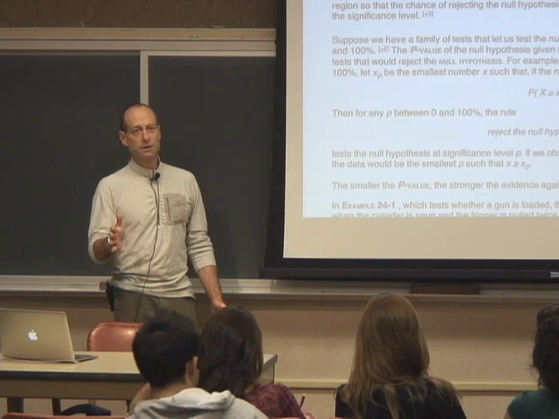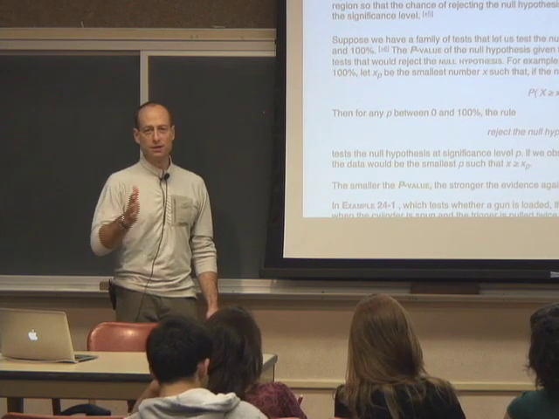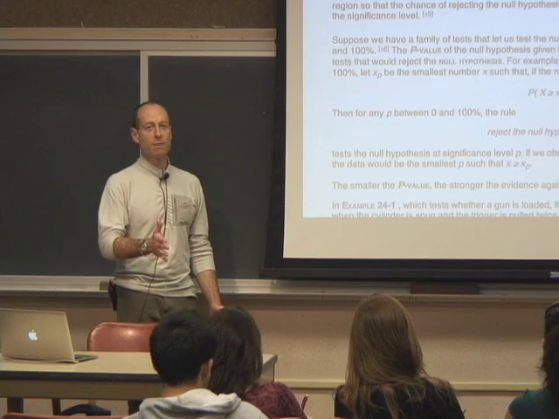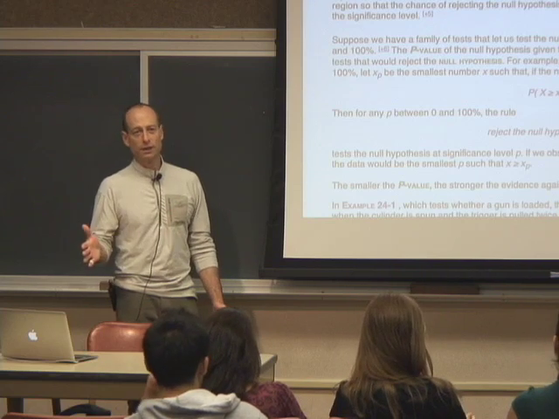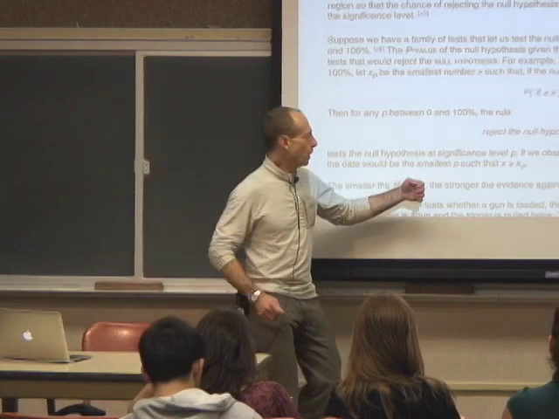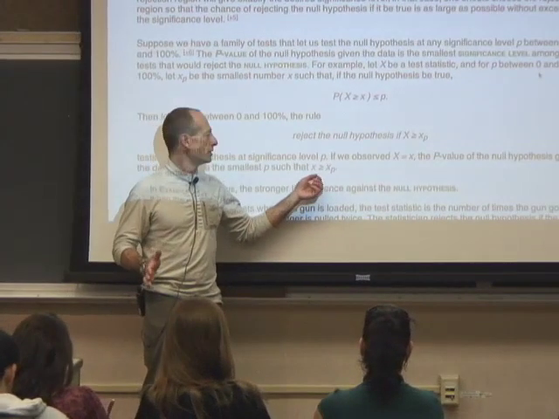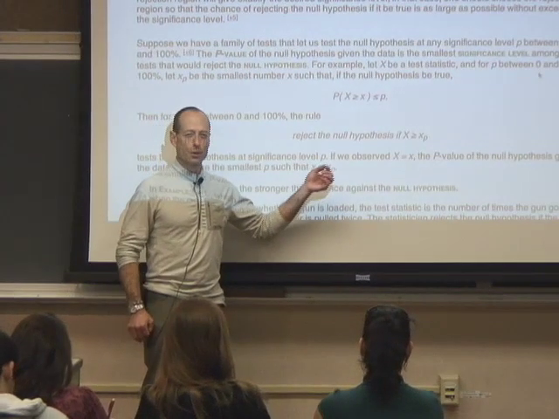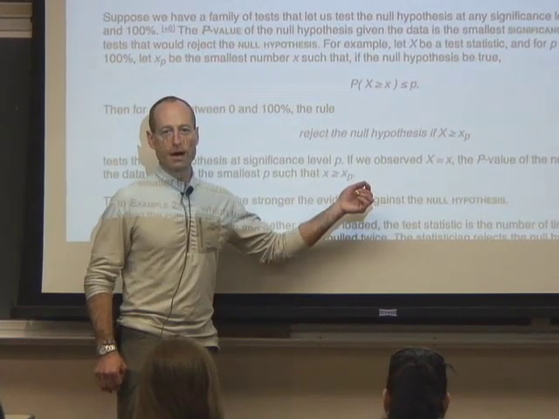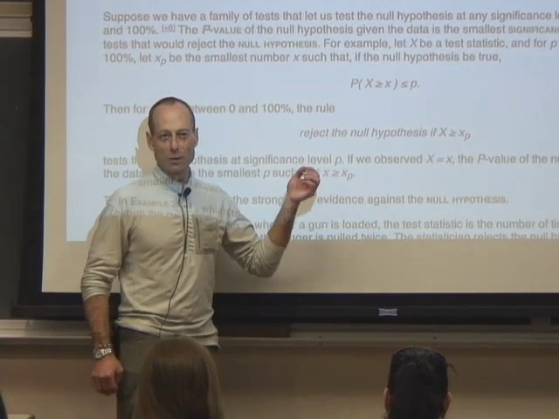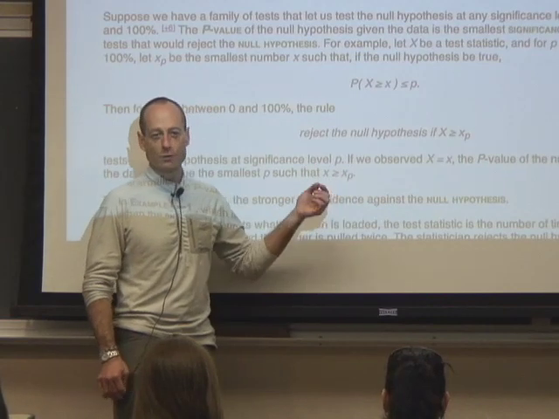Right? And I would collect my data, and I would apply the test, and I would either reject the hypothesis at significance level 5%, or I wouldn't. Okay? This is saying, well, instead of fixing that 5% ahead of time, I want to say, on the basis of the data, what's the smallest value of p for which I would have rejected the null hypothesis? So that might be some number smaller than 5%, bigger than 5%, whatever.